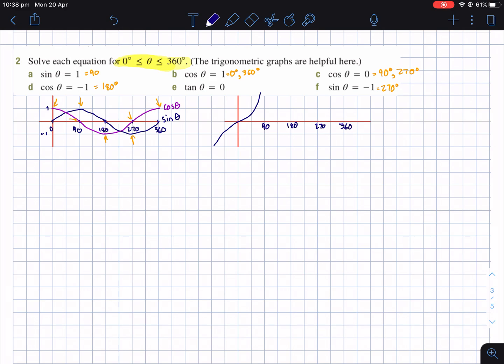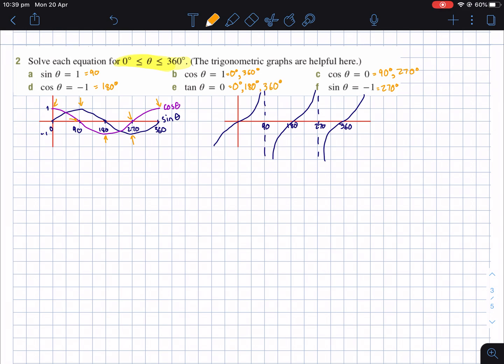Hang on, I always stuff up with tan. So tan theta is 0 at 0, 180, and 360.